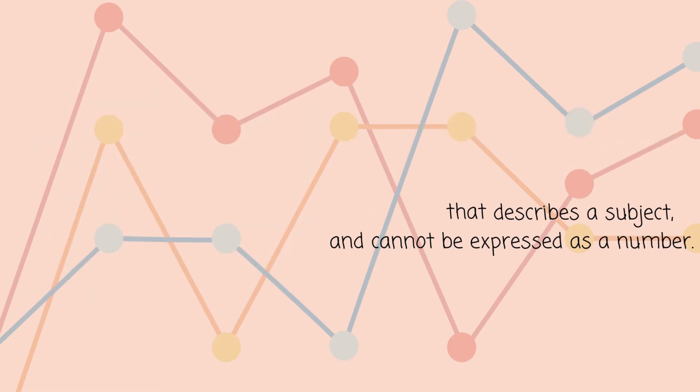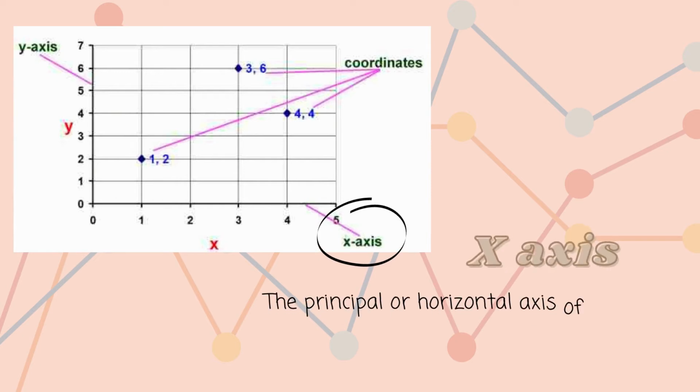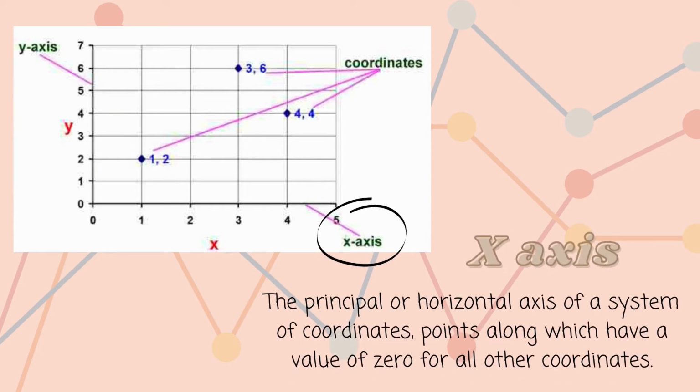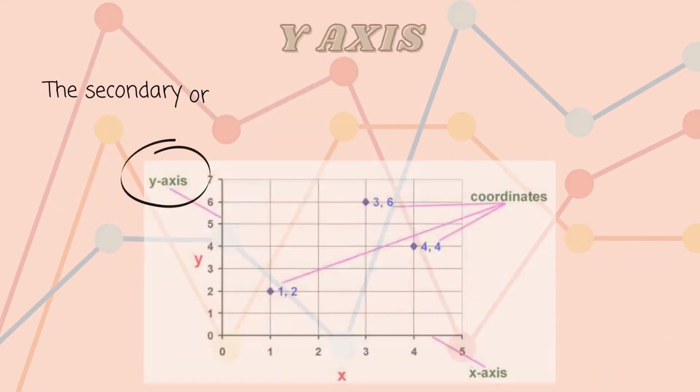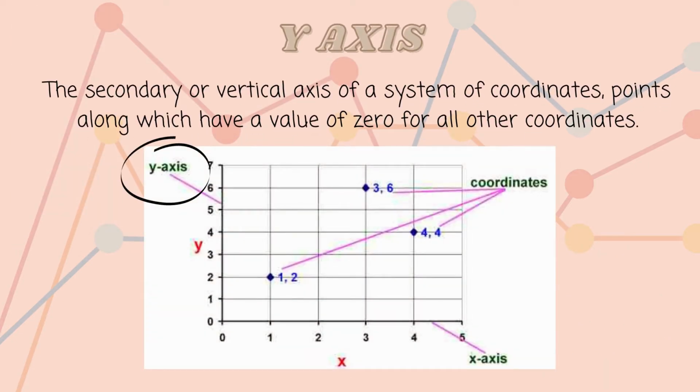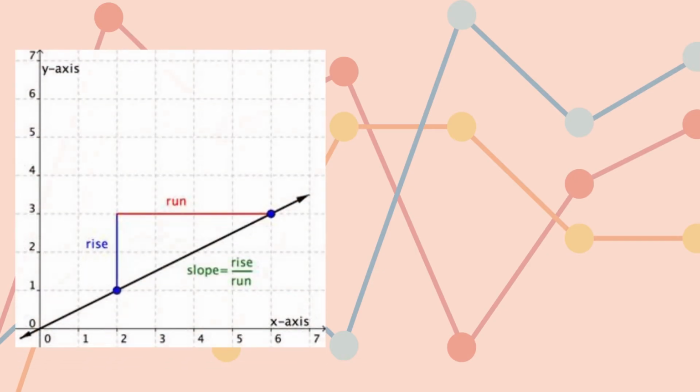Next is x-axis, the principal or horizontal axis of a system of coordinates, points along which have a value of 0 for all other coordinates. Y-axis, the secondary or vertical axis of a system of coordinates, points along which have a value of 0 for all other coordinates. Last is slope.